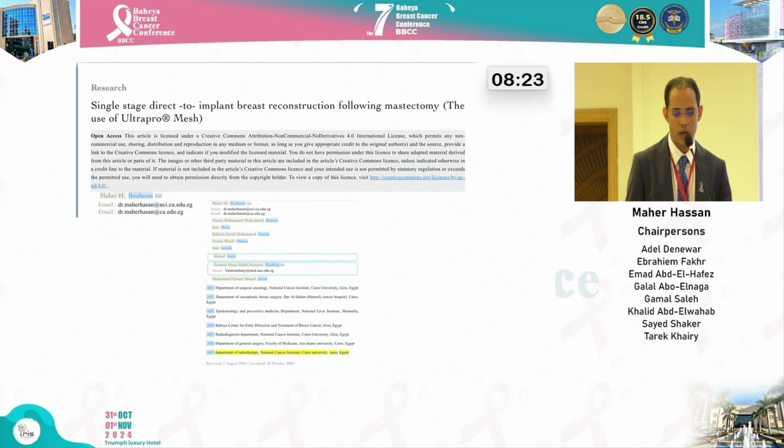it's our luck that we have an acceptance of a paper in the World Journal of Surgical Oncology 4 days ago, just 4 days ago. The full publication will be very soon about our experience in single stage direct implant breast reconstruction with the use of the Ultra Pro mesh.